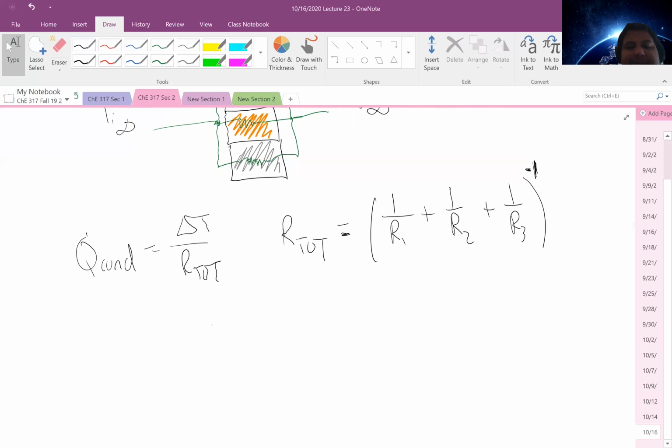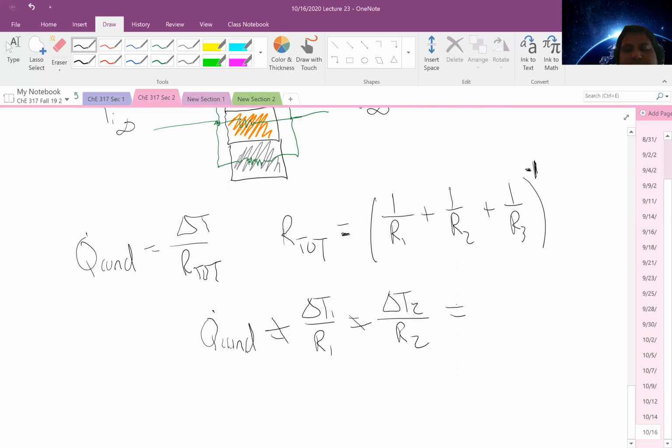And also, Q conduction does not equal what we had identified earlier. If I could spell parallel.